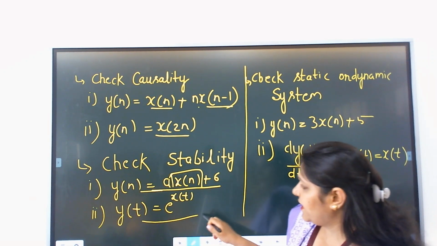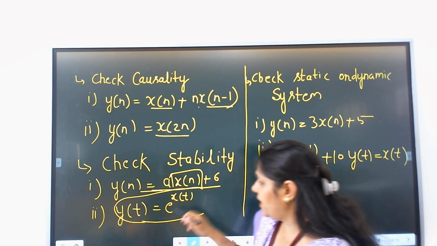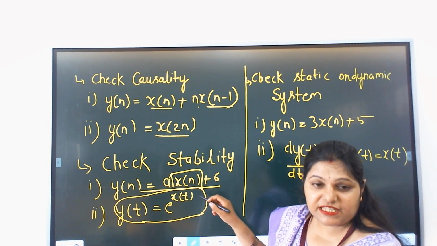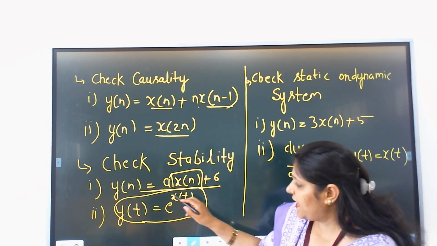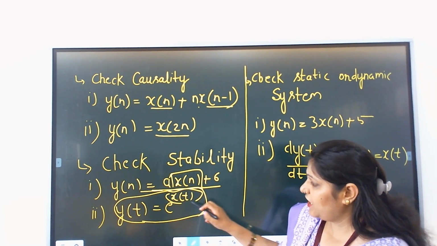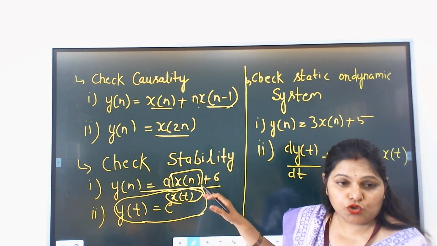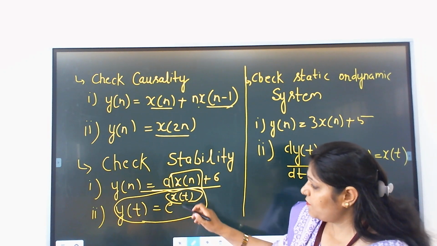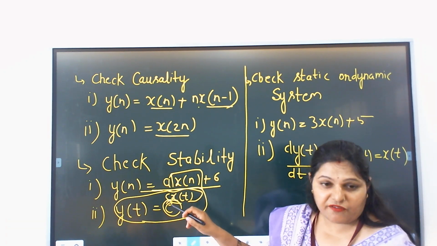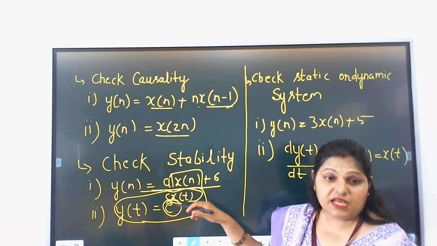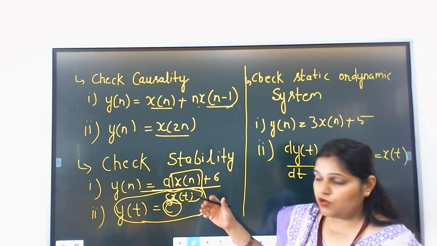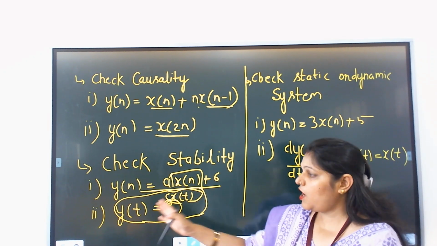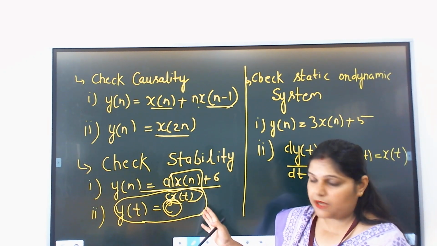Also e to the power x(t) is a stable system. Why? Because when we put a value of x(t), like 1 or 2, we find a bounded, finite value of output.